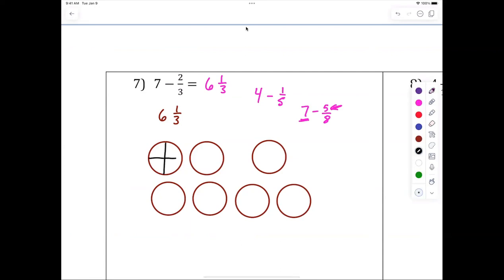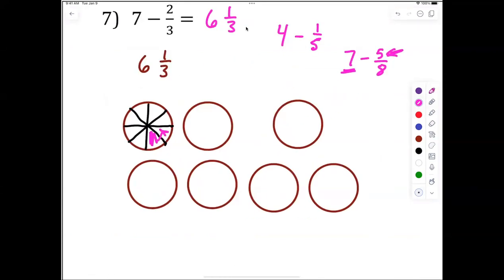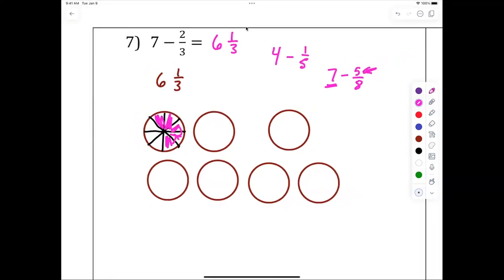Here's my pizza, and you came along and said, I want 5 slices, please. You ate 5. How much pizza is left? There's 3/8. And how many whole pizzas are left? That's how we got 6 and 3/8.